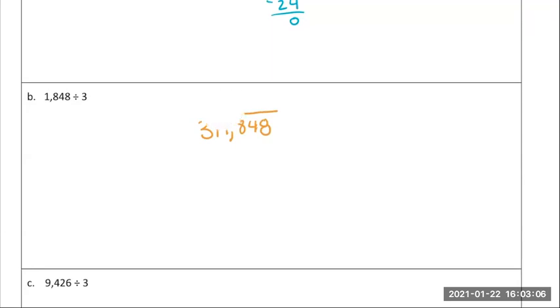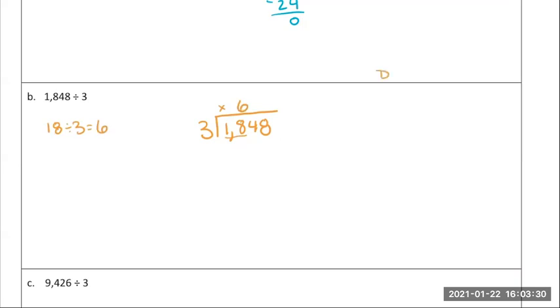So I'm going to put a little X so we can keep our place value in line. Then we're going to look at this as 18. 18 divided by 3 is 6. Put our 6 up there.